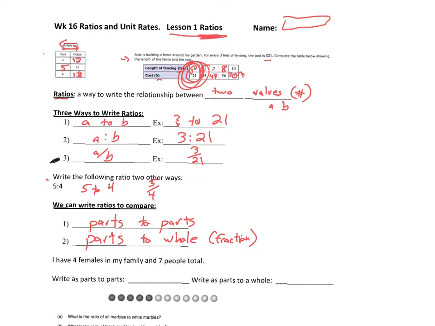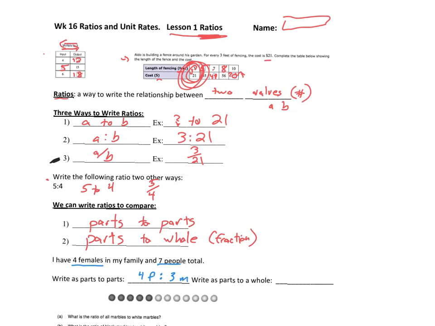All right, so looking at this next, I have 4 females in my family, including my dog, and there's 7 people total. Write as parts to part. So parts to part would be 4 females, I'm going to put a colon here, 3 males.